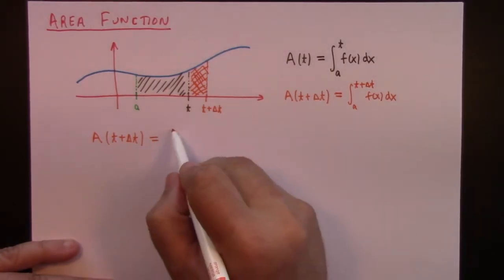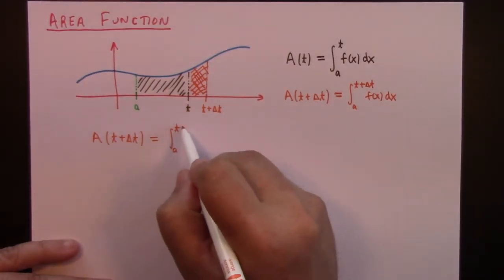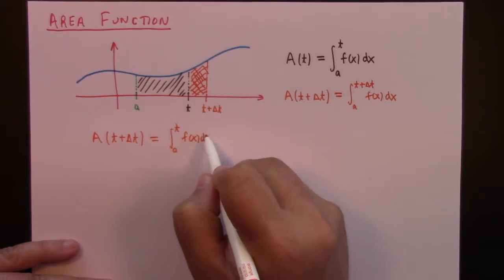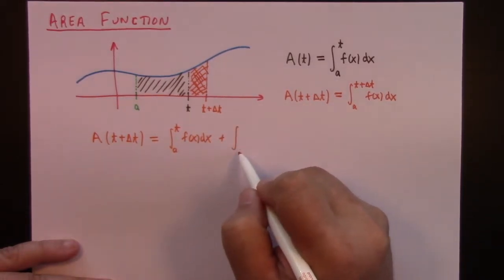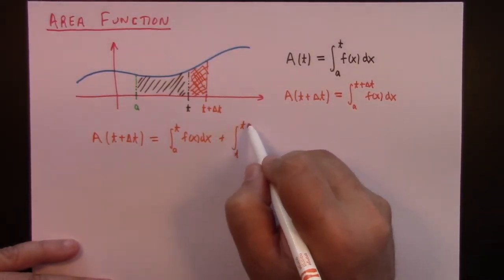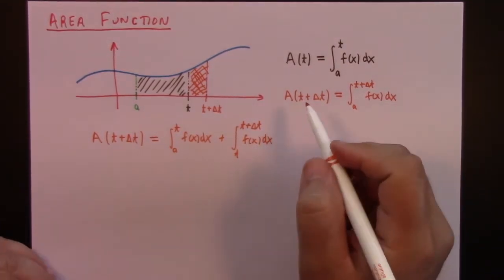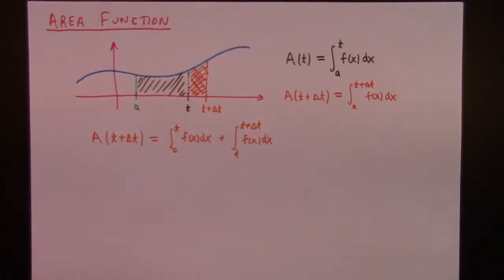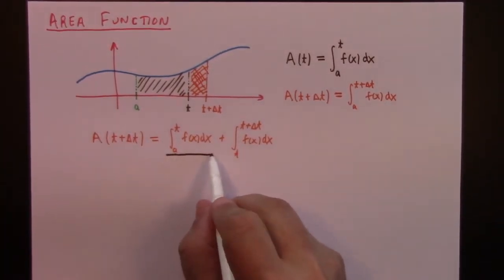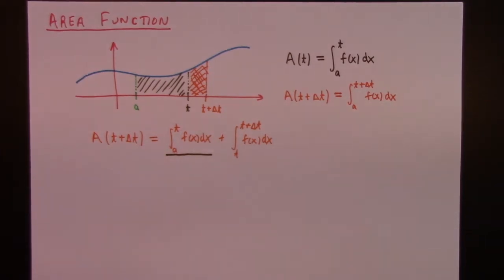Well, that's equal to the integral from a to t of f of x dx, plus the integral from t to t plus delta t of f of x dx. So that's the brown part, and of course that's the orange part, right?